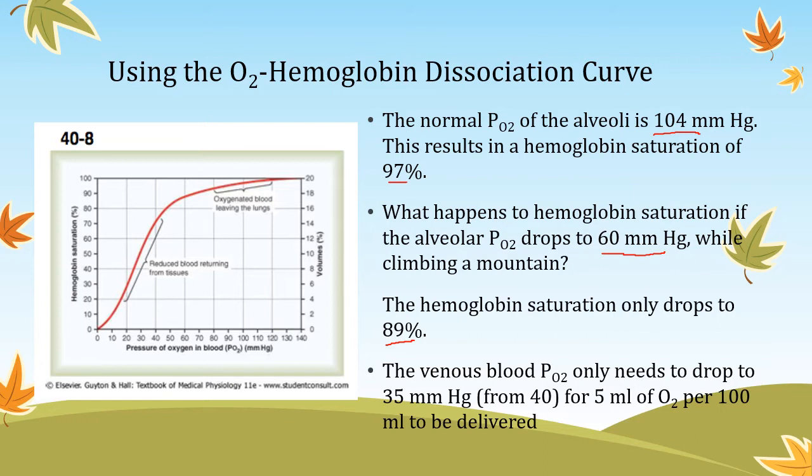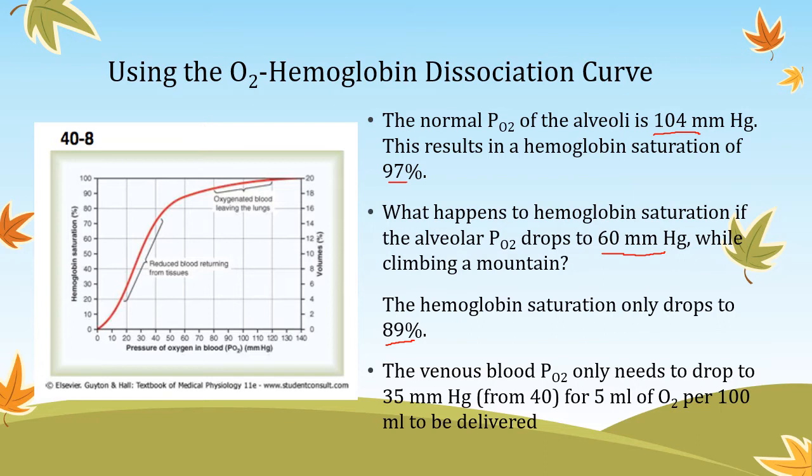It only supplies the oxygen depending on the condition of the surrounding tissue. If it's in need of more oxygen, then it will release more. But for now, it only drops to 60 millimeters of mercury, and that's still okay. So the hemoglobin saturation only drops to 89%.